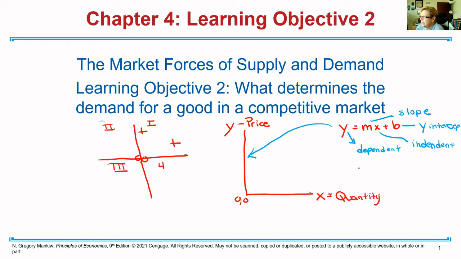So many times in economics, we use what we call an inverse demand function so that it lines up with the graph, and I'm going to talk about that in a little bit. So for right now, let's just accept that x is going to be the quantity, y is going to be the price. Okay? And then I'll talk about that in a few minutes.